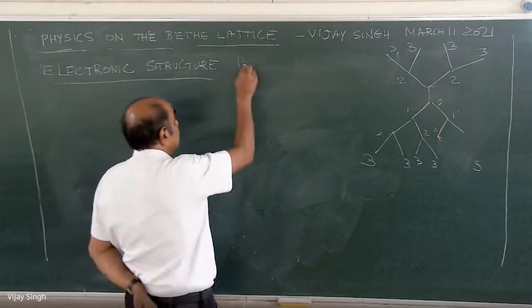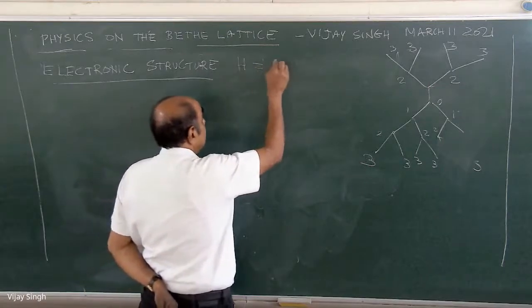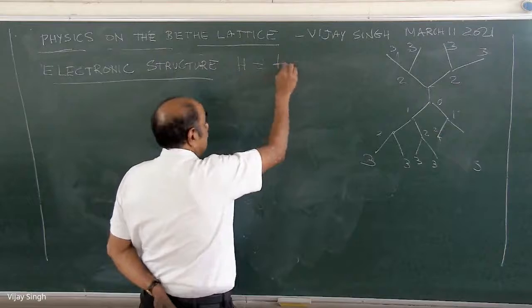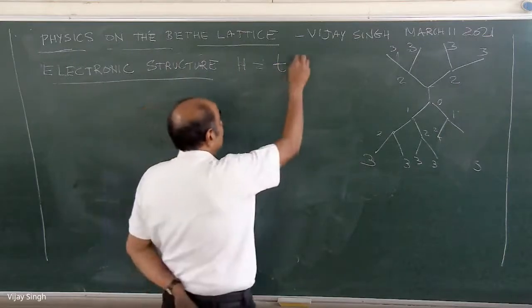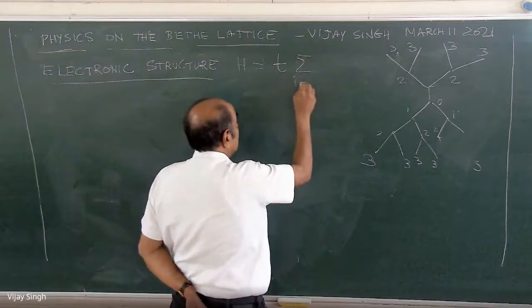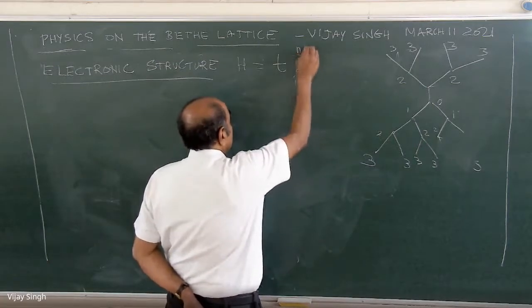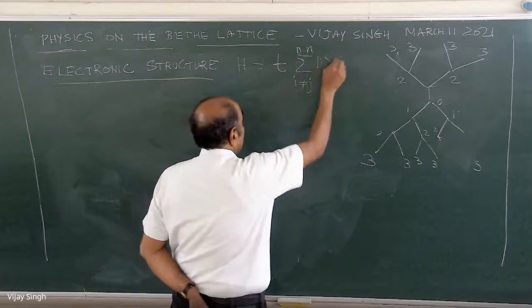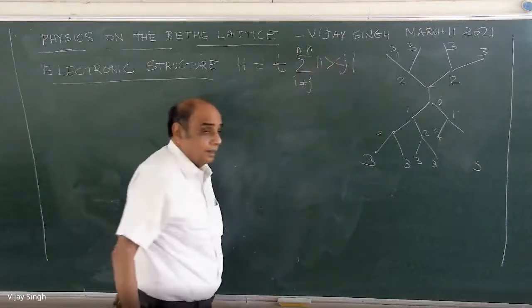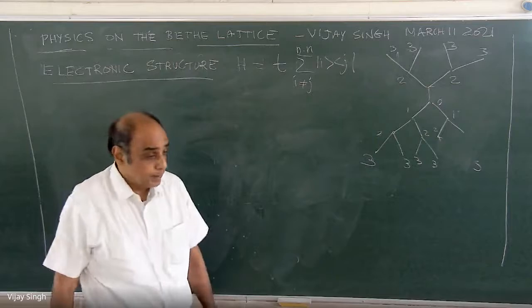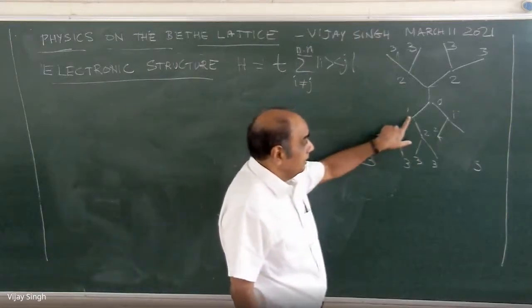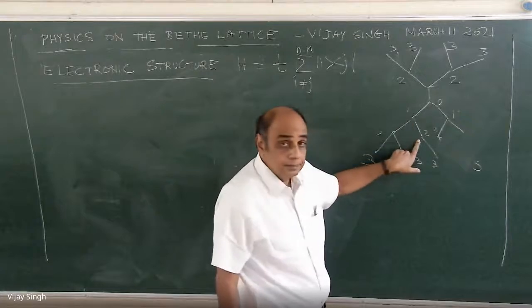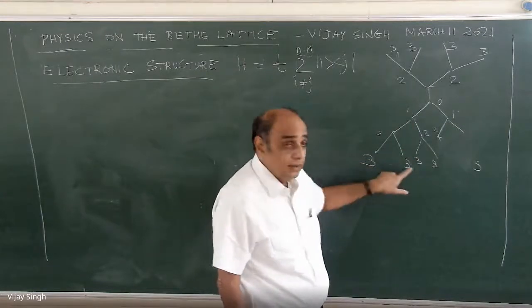So I have a Hamiltonian, it is simply T. I will not put a minus sign because then I get confused with the sign. Sum over i not equal to j, nearest neighbor, as simple as that. I not equal to j means if I'm looking at this side, then these are the three neighbors. I'm not looking at any further neighbors.